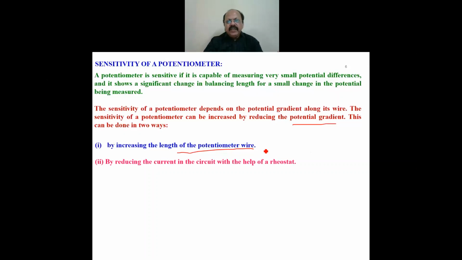So if length is fixed, then how can we increase the sensitivity of potentiometer? In that condition, you know the formula phi is equal to V upon L, or in some books it is represented by K, that is equal to V upon L. So L is fixed. Then what is V? V is IR.